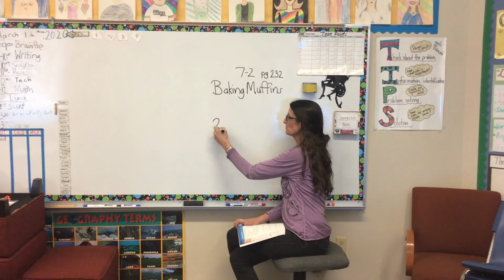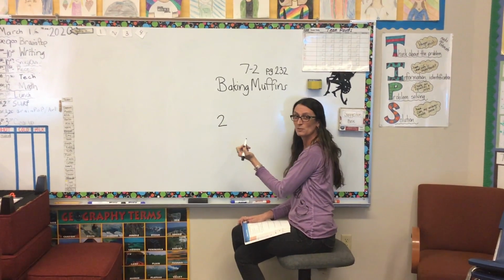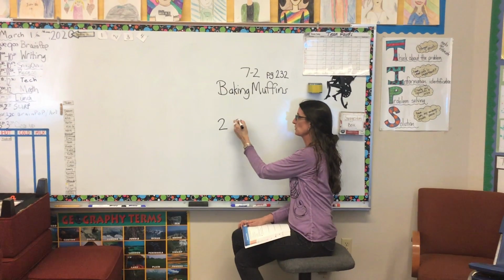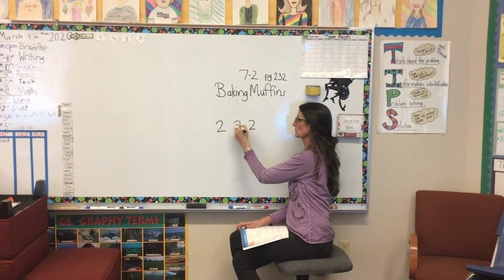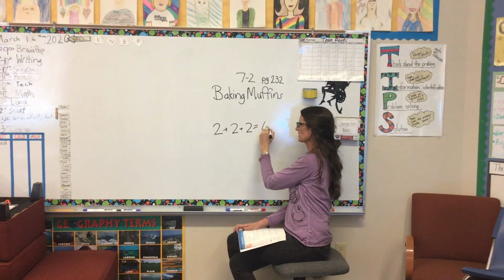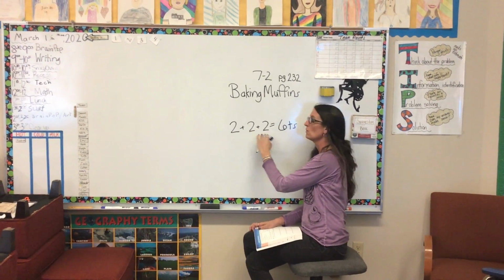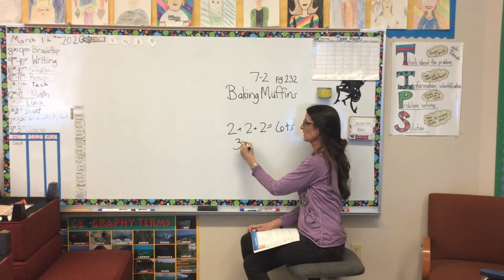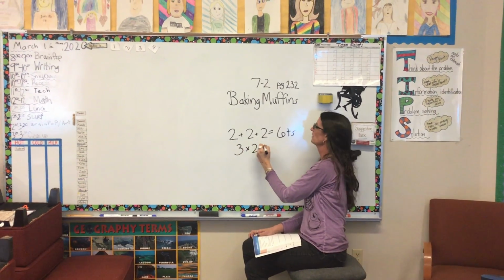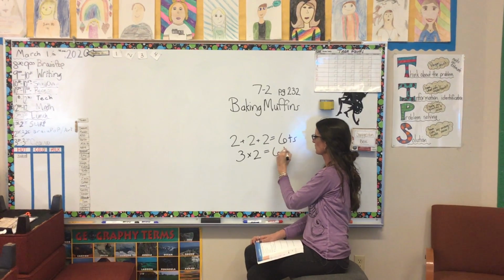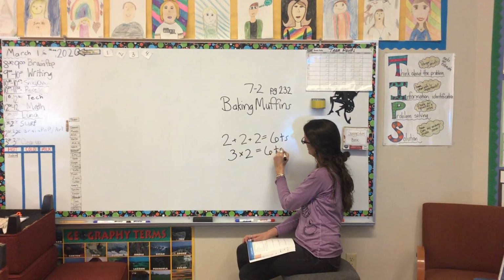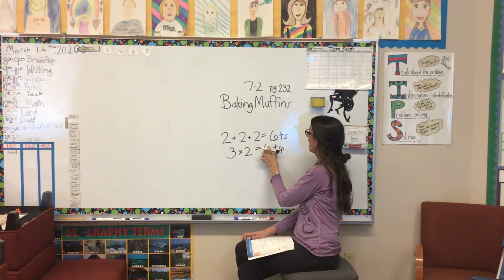So if they're doing 3 recipes, they'll have 2 teaspoons and 2 teaspoons and 2 teaspoons. So they would have a total of 6 teaspoons. You could do it with 2 plus 2 plus 2, or you could do it by tripling the recipe: 3 times 2 teaspoons equals 6 teaspoons.